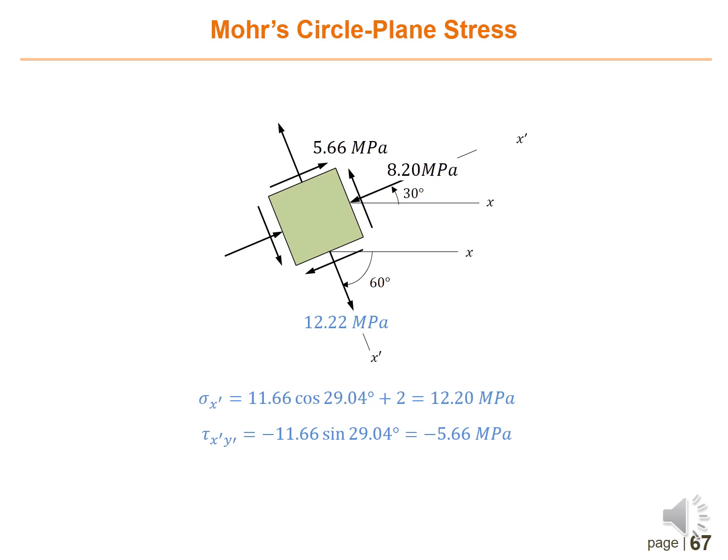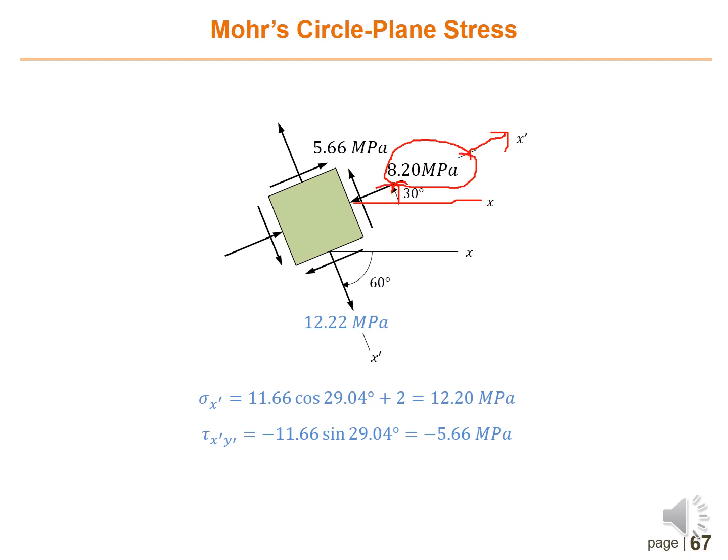Okay, so now we can draw the element when it is oriented about 30 degrees counterclockwise. This is the original axis, the x axis, and it is oriented about 30 degrees counterclockwise. So this is the new axis, x prime. And we obtain the normal stress here equal to negative 8.2 megapascal.